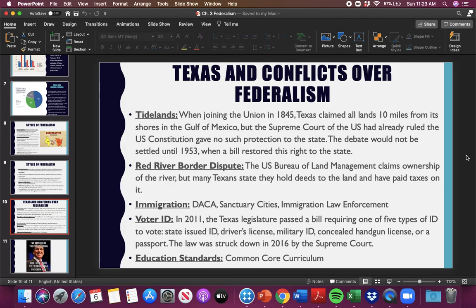And if you don't know what this means, immigration is the responsibility of the federal government to enforce immigration law. But local law enforcement, if they pick up someone who is undocumented, they can take them to jail, run all of their information, find out that they're undocumented, and then contact ICE to come pick them up for deportation. Sanctuary cities have essentially declared that they will not do this.